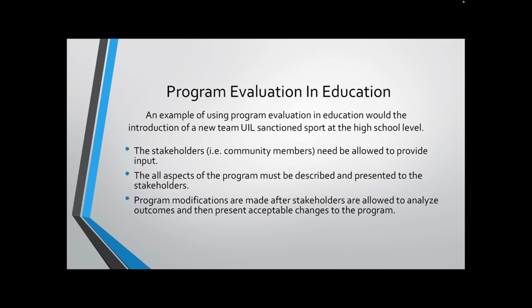The first thing that had to be done was it had to be presented to the community. Most of the community was on board. However, there were several community members that had a lot of concerns, and the most important thing through this program evaluation is to make sure that both sides were heard, the ones who were for and against it.